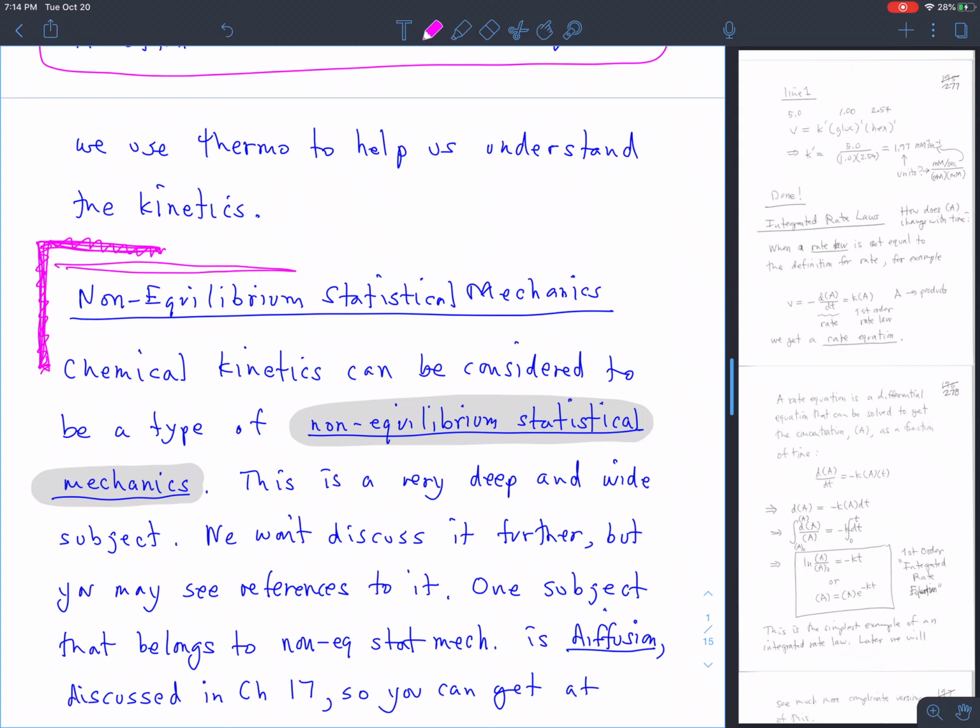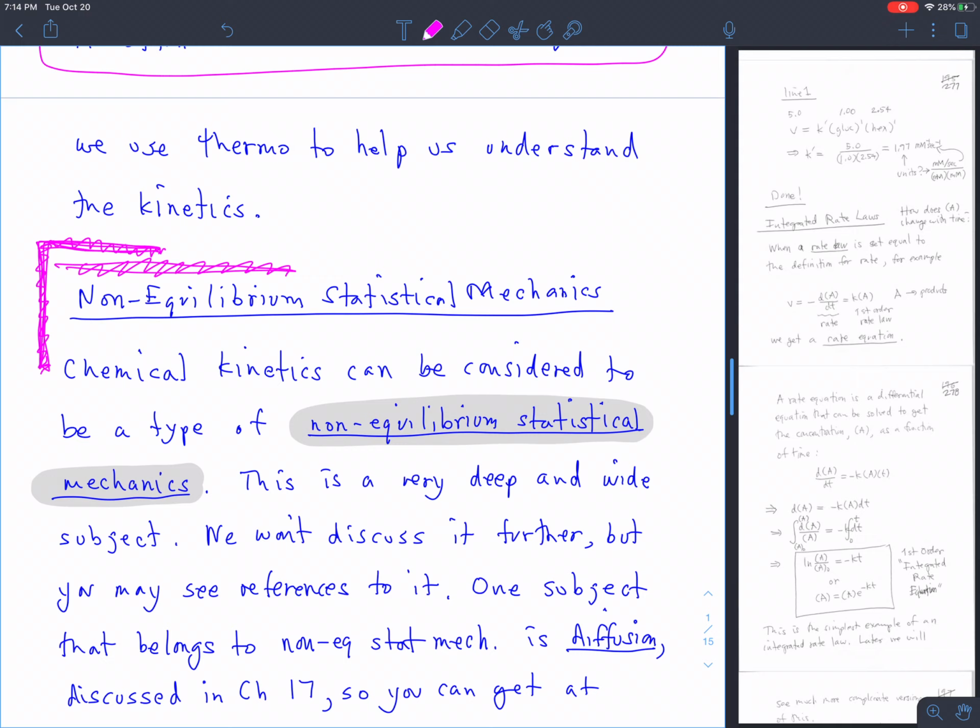All the stat mech that we've done so far has been equilibrium statistical mechanics. It deals only with the statistical distributions and probabilities that occur when you're at equilibrium. If you go away from equilibrium, all those results we've talked about so far are no longer right. But there is a large field that deals with what happens when you do go away from equilibrium, and that's non-equilibrium statistical mechanics.